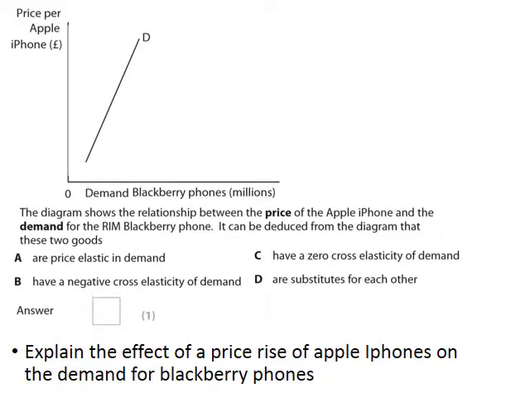Okay. The next question is again multiple choice. You've got a graph in this one. It's got on one axis the price of Apple iPhones, on the other axis demand for BlackBerry phones. So it's not a supply and demand graph as such. What it is showing you is XED.